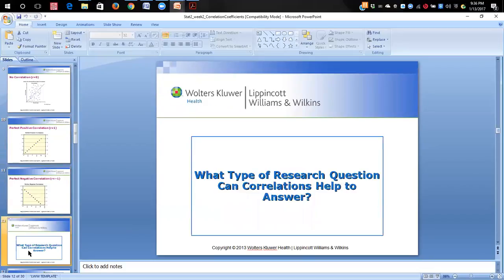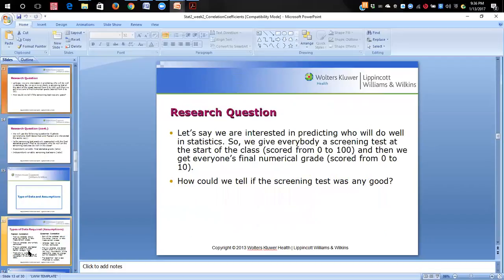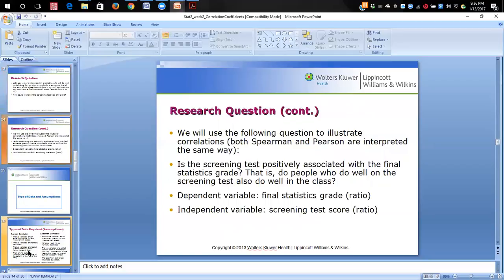So what are the types of research that can answer correlations? If you're really interested in examining relationships, that's when you use correlation coefficients. Again, it depends whether your assumption is parametric or non-parametric, and your type of data.